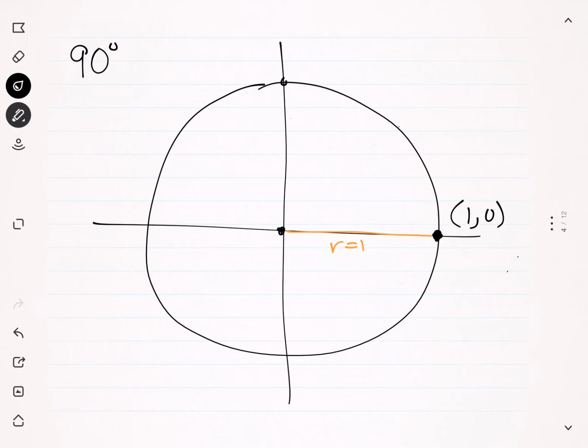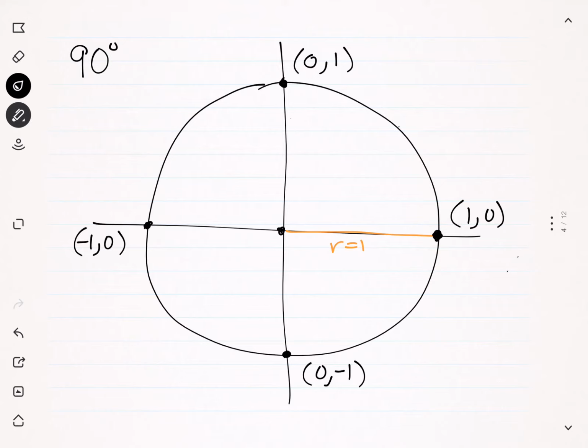Now, the point here on the positive y-axis on the unit circle would be the point 0, positive 1. And on the negative x-axis, we would have the point negative 1, 0. And then on the negative y-axis, we would have the point 0, negative 1.